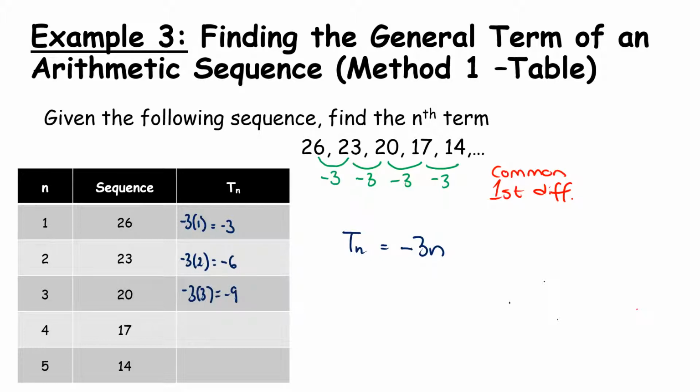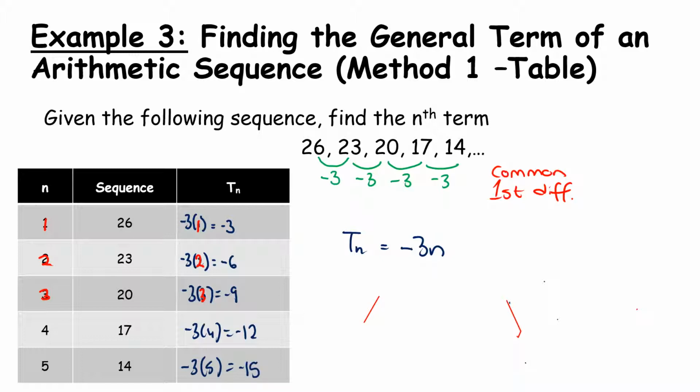So just make sure you're clear, that 1 is coming from the first term, this 2 is coming from the fact it's the second term, 3 is coming from the third term, and so on. Minus 3 times 4 is minus 12, and minus 3 times 5 is minus 15.